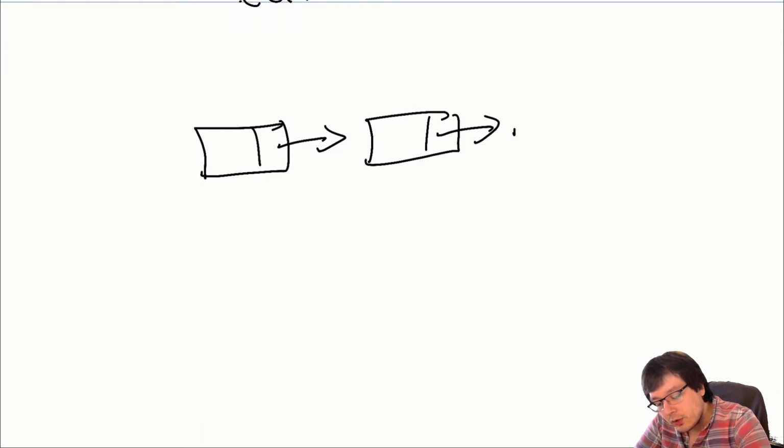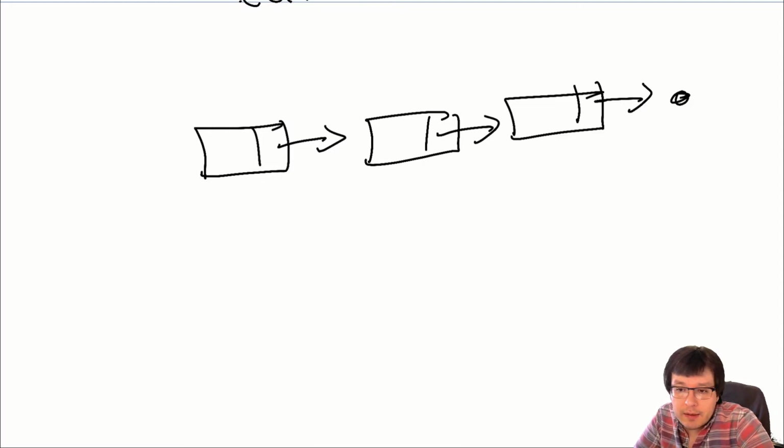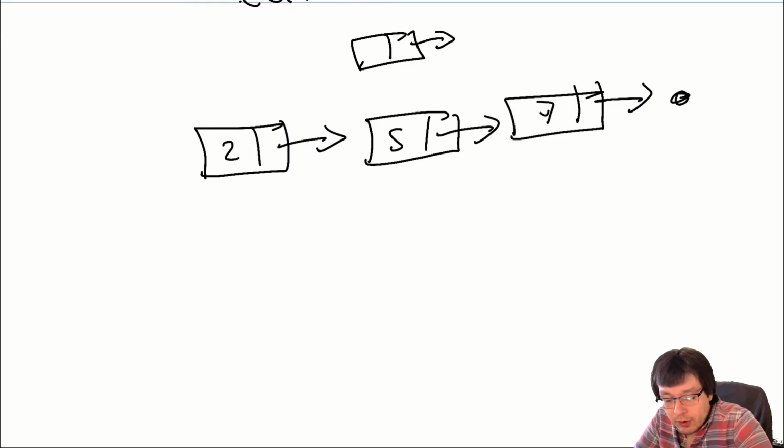A sorted linked list is a linked list that is organized by numerical or alphabetical order. So you might have something like 2, 5, and 7, and this is sorted. And then if you want to insert a 4, then that has to go in between here, right? So that's the scenario where you actually have to insert something in the middle.